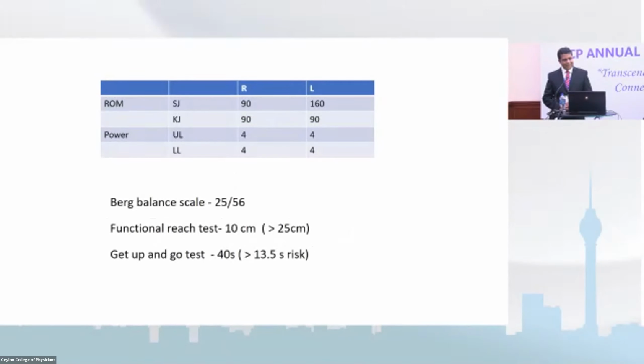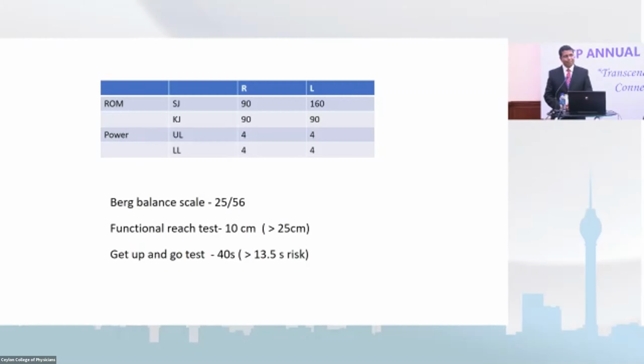These are the range of movement and power detected by the physiotherapist. On the right shoulder joint the range of movement is less because of the pain. The knee joint is 90 degrees on both sides, and basically the power in the shoulders and knees is affected.